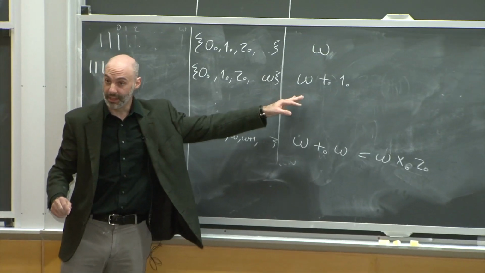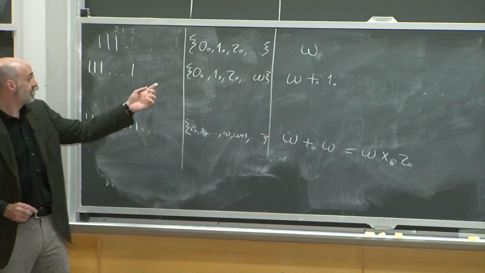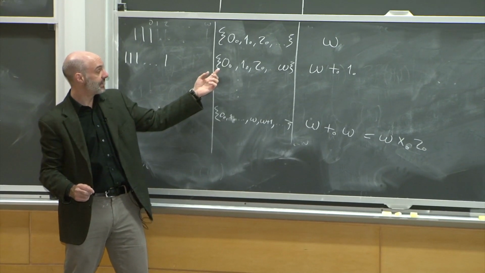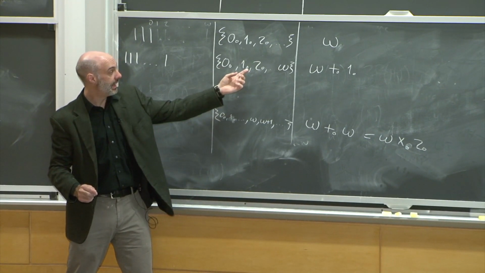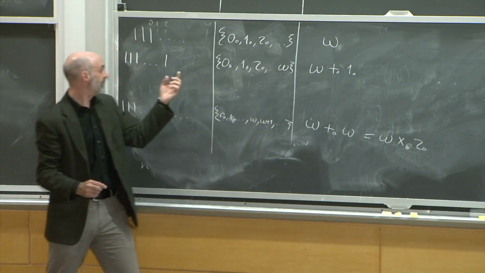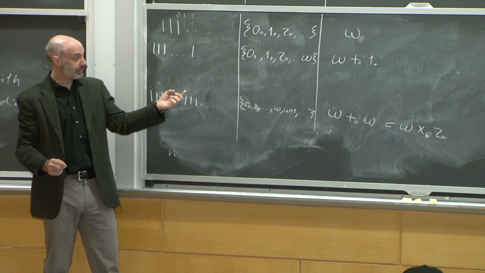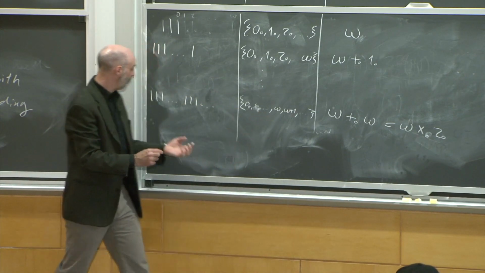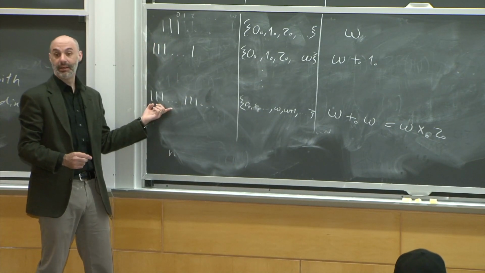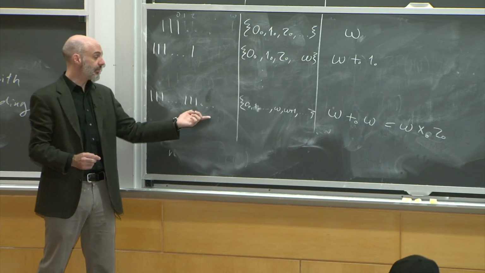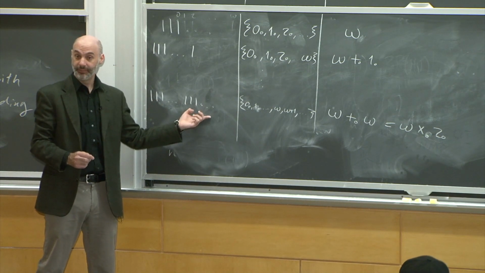So for example, take omega plus 1. What we did is we started with a sequence of type omega and then added an element at the end, so we get something of this shape. And what about omega plus omega? Well, we started with something of type omega, and we added something of type omega at the end.